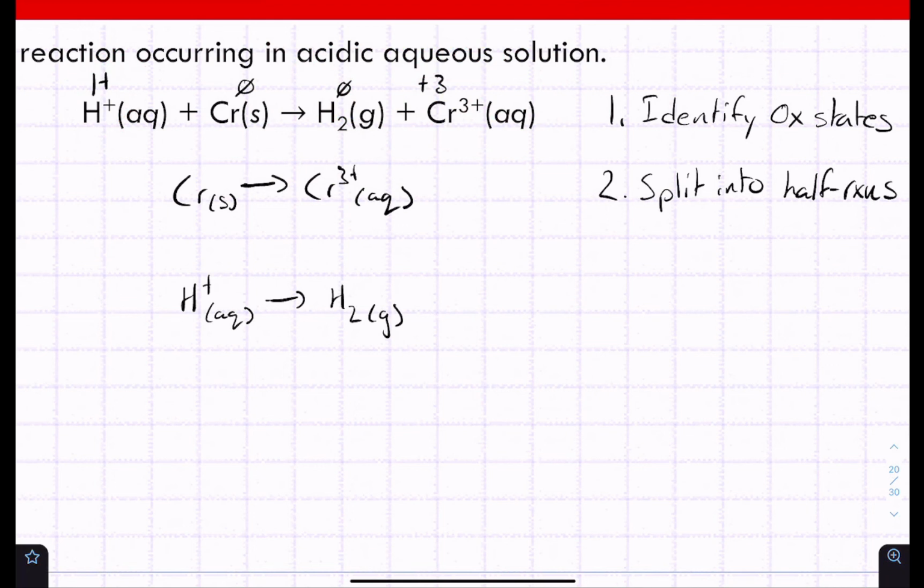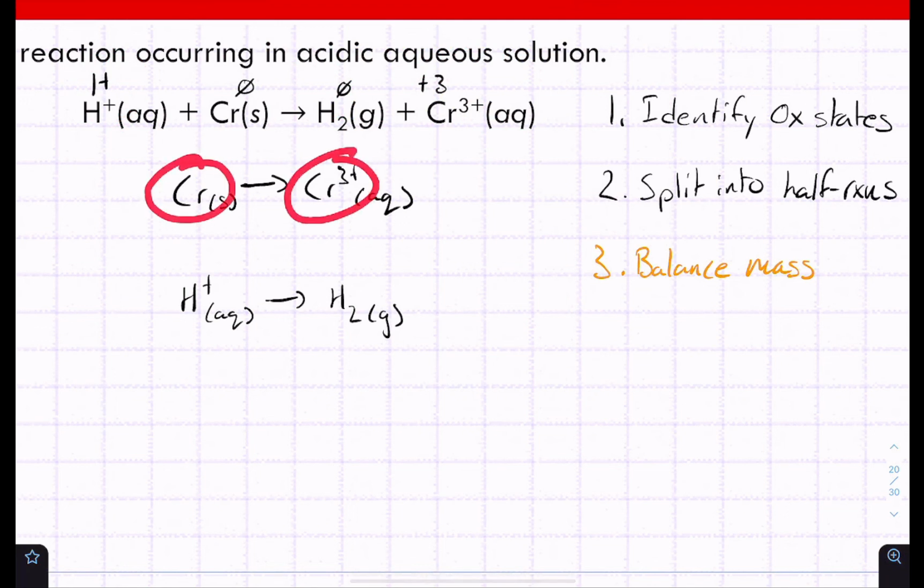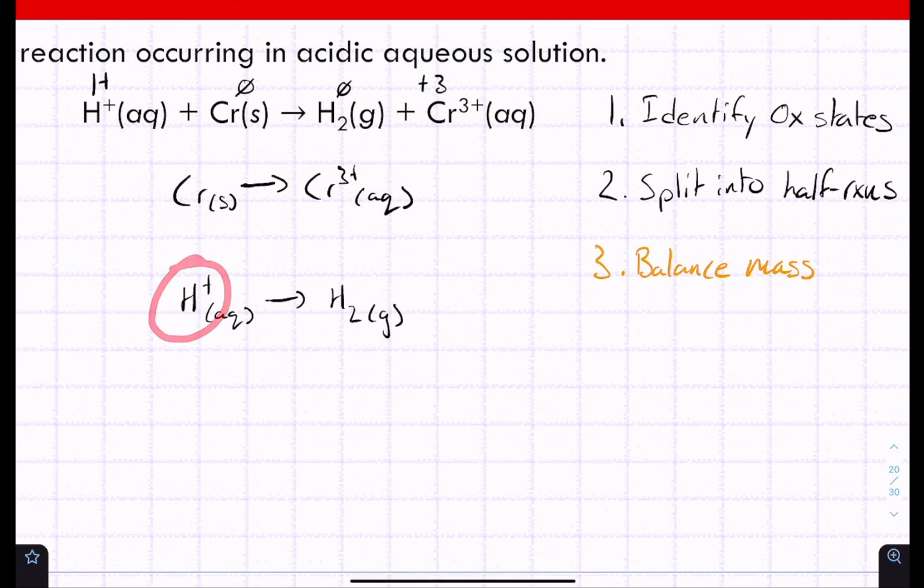Okay, so the first thing we need to do is balance these with respect to mass. Balance mass. So the number of atoms have to be the same. For our first one, we have 1 chromium atom to 1 chromium atom, so that's good. Don't have to balance anything there. For the second one, we have H+ and H2.